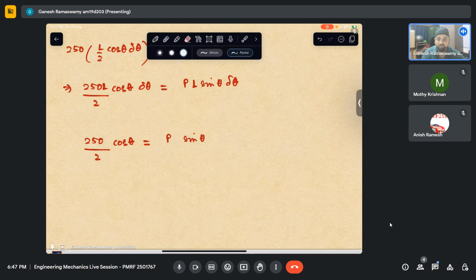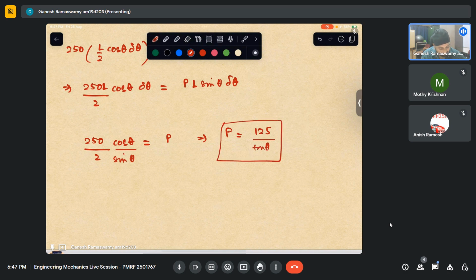And then I can take this sine theta over here. So I have got P as 125 by tan theta.